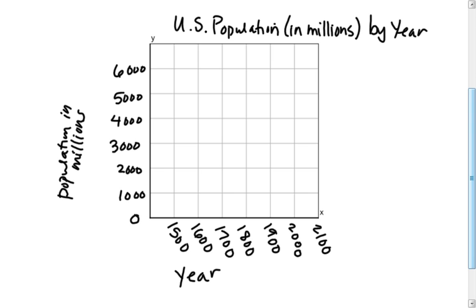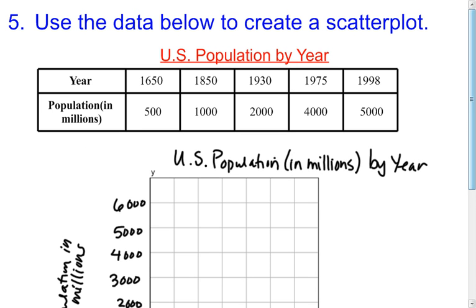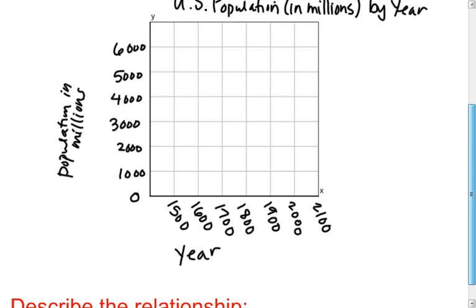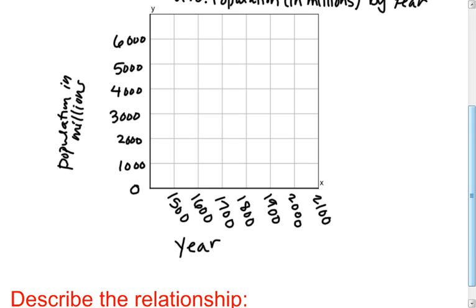Over here now, I need to plot these points. So I am going to plot the point, first of all, 1650 and 500. That comes from this ordered pair right here. 1650, 500. So 1650, 500 would be right here.